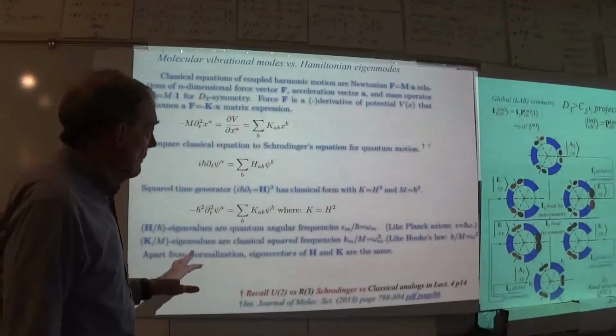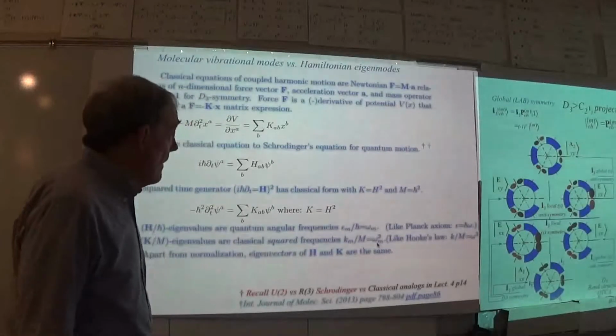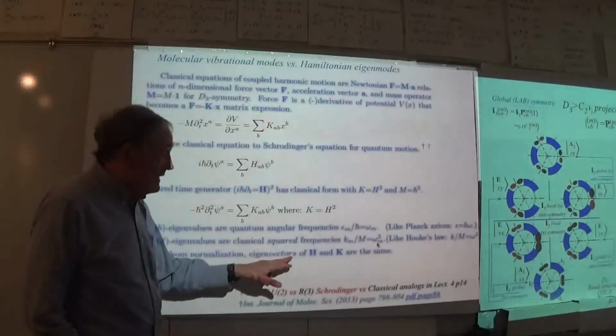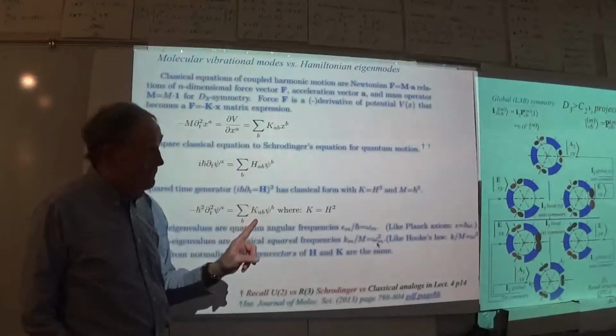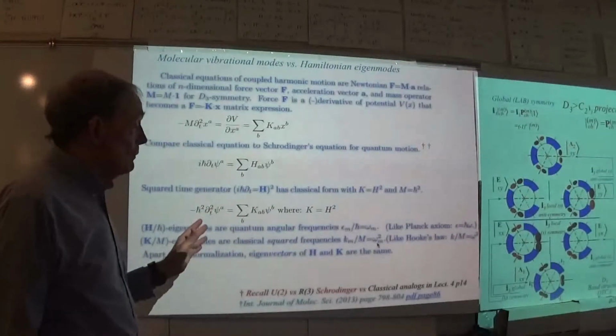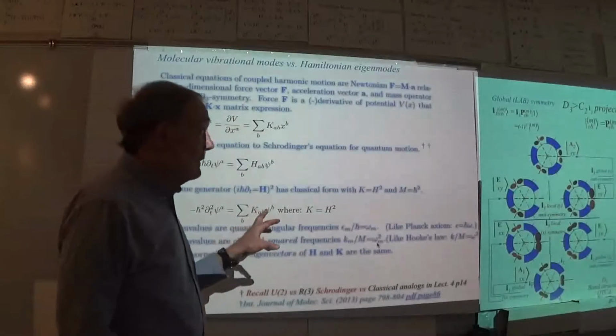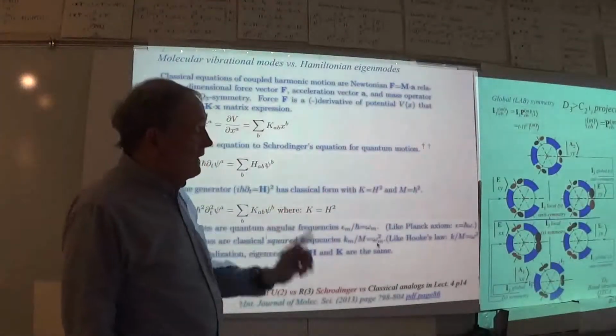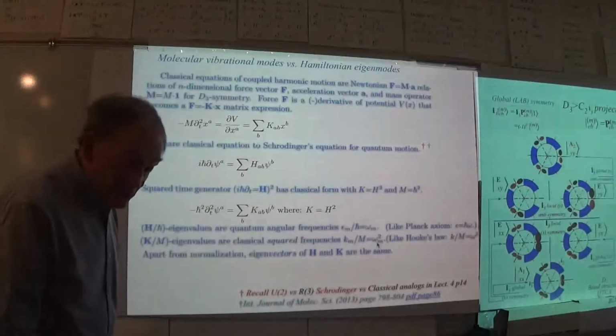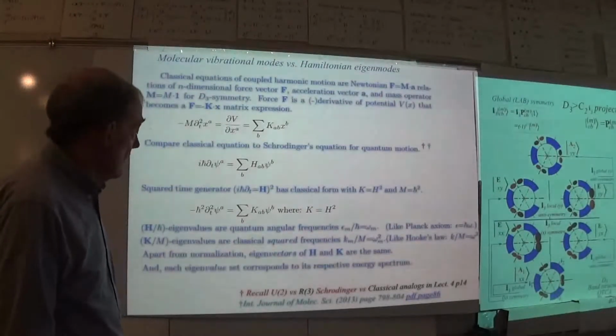And apart from normalization, the eigenvectors of H and K, the eigenvectors of these two, are the same. So we get to make an analog with our triatomic vibrating and rotating molecule with the band theory of the H matrix that we did in the last lecture.